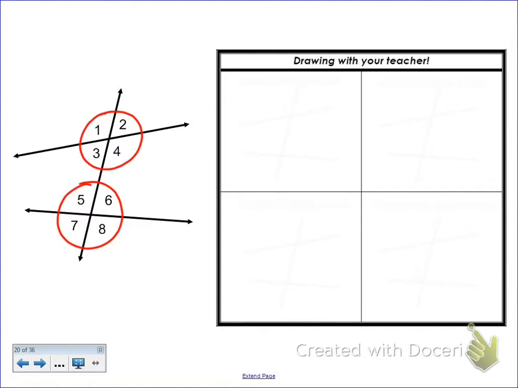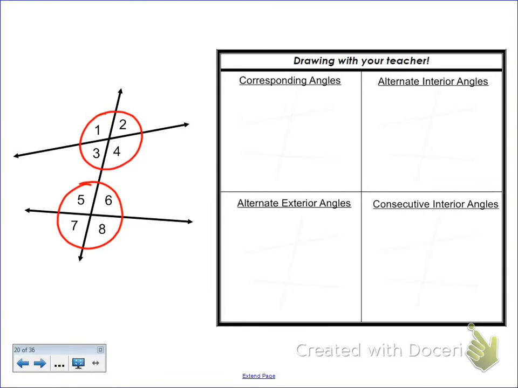We're going to go over 4 angle pairs: corresponding angles, alternate interior angles, alternate exterior angles, and consecutive interior angles. When we do these angle pairs, we're always going to pick one angle from the first group, and our second angle is always going to come from the second group. We're never going to pick 2 angles from the same group when dealing with one of these 4 angle pairs.